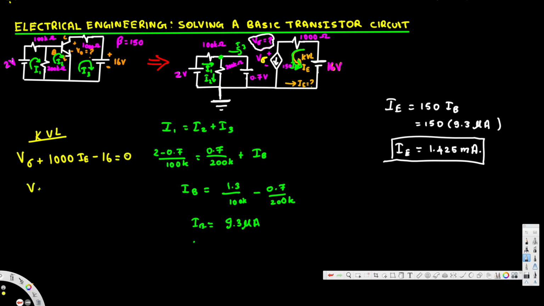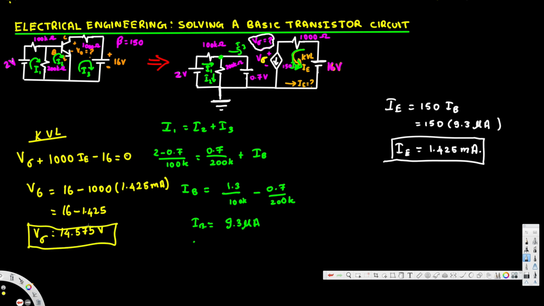Therefore V sigma is going to be equivalent to 16 minus 1000 times IE, which is 1.425 milliampere. So this is going to be 16 minus 1.425, and that is equivalent to 14.575 volts. That is V sigma.